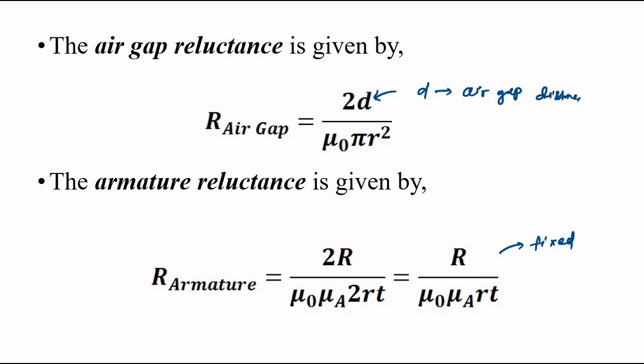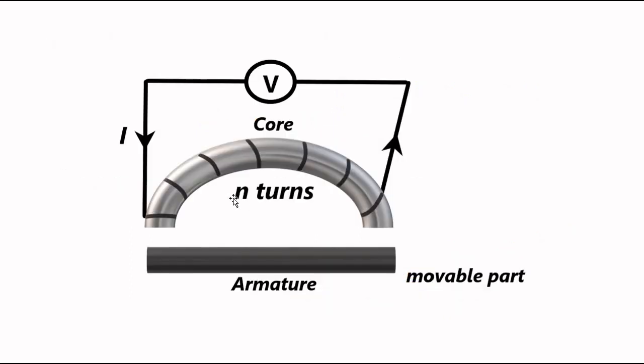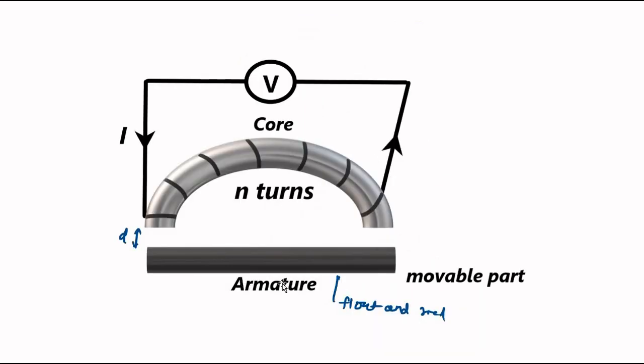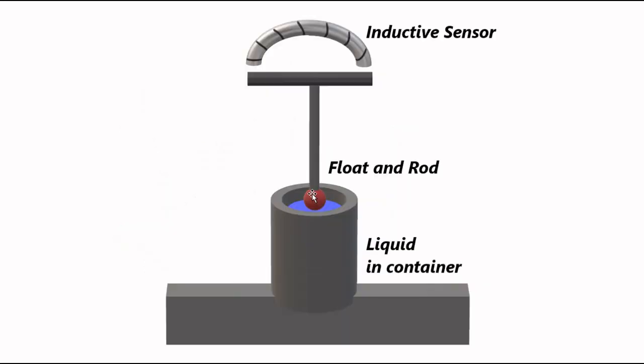When this armature, which in this case will be connected to the float and rod arrangement placed on the surface of the liquid, moves up and down, the air gap distance changes.